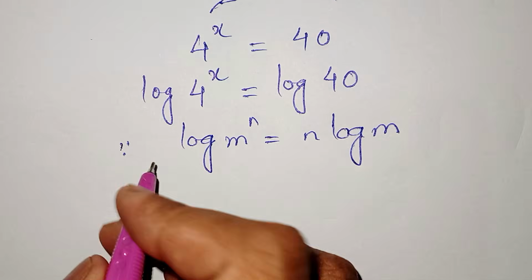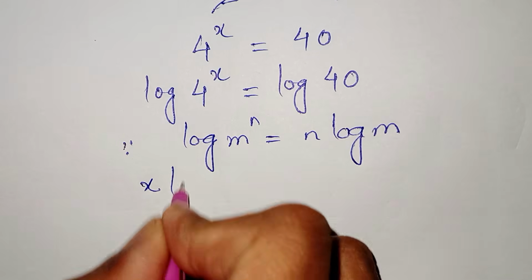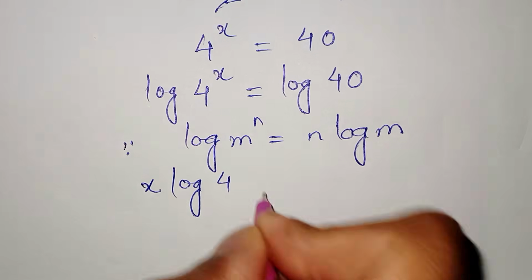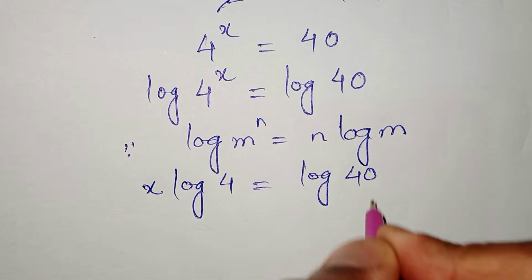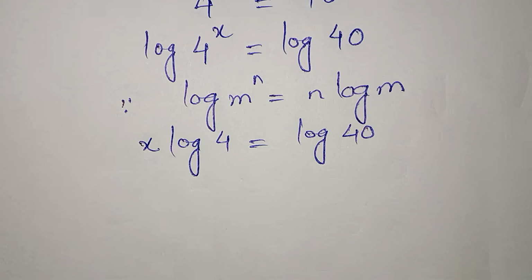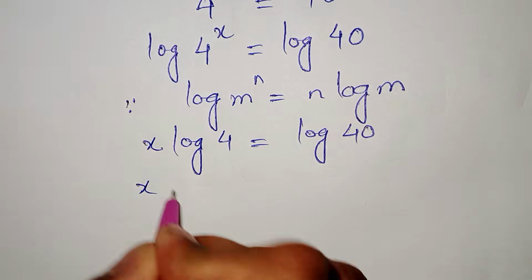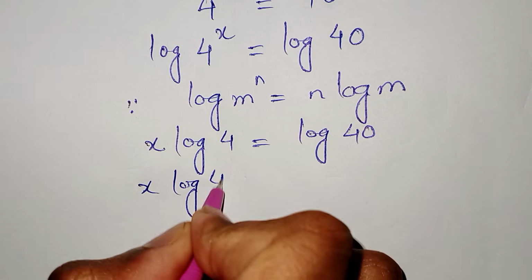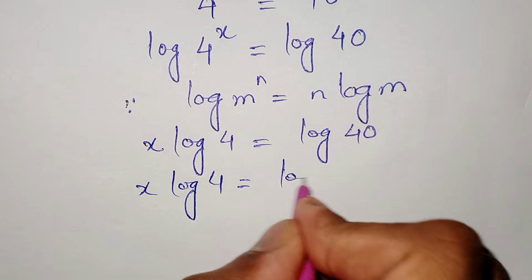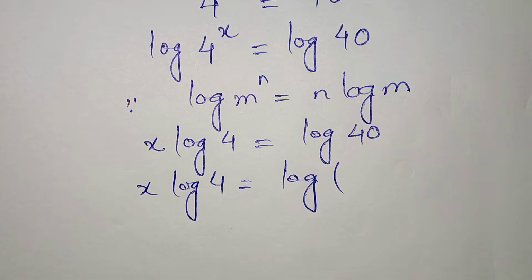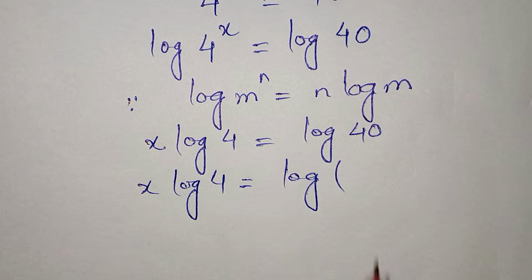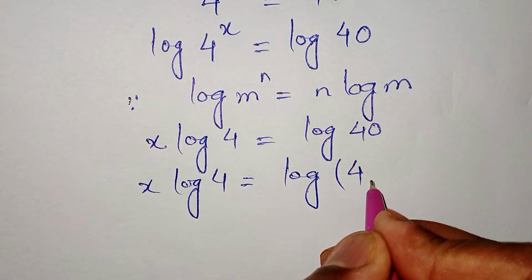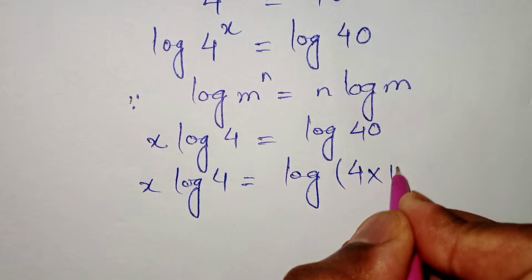So it will be x times log of 4 is equal to log of 40. We can write this as x log of 4 equals log of 40, and 40 can be written as 4 into 10.